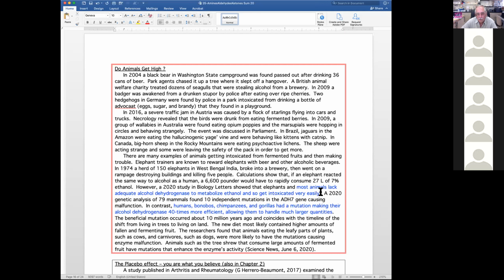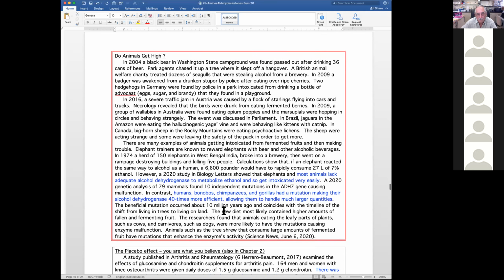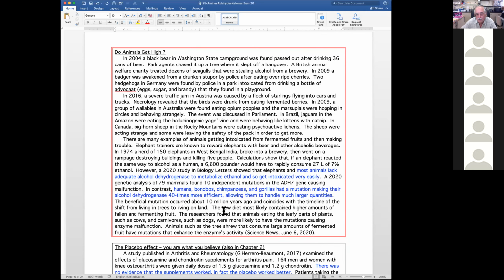And humans, bonobos, chimpanzees, and gorillas have a mutation making their alcohol dehydrogenase 40 times more efficient so that we can actually handle much larger quantities. But I do know people who, if they drink almost anything, get totally wasted, to the point where they can't continue. They get just totally sick.